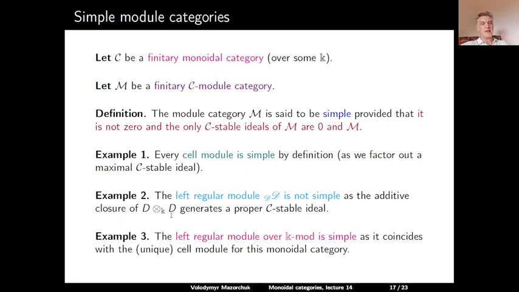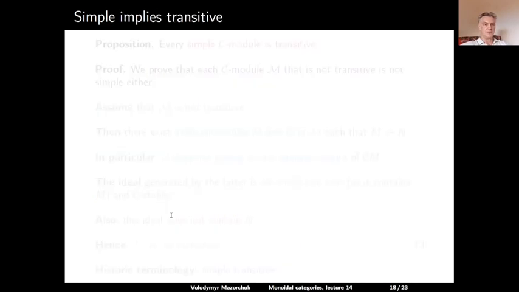Example 3, if we consider the left regular module over the monoidal category of all finite dimensional K-vector spaces, this left regular module is simple because it coincides with the unique cell module for this monoidal category. So in this case, the left regular module is in fact simple.